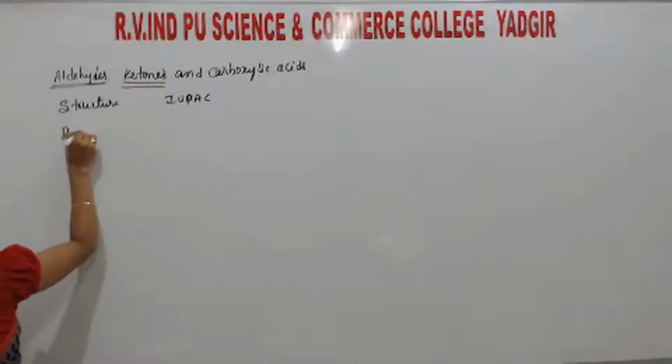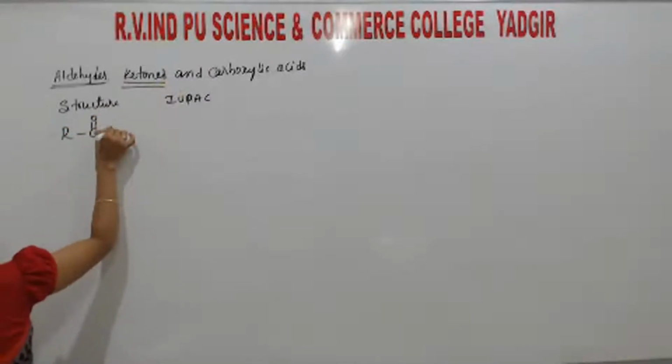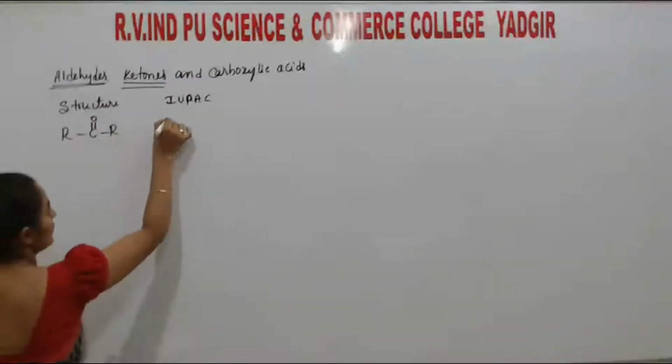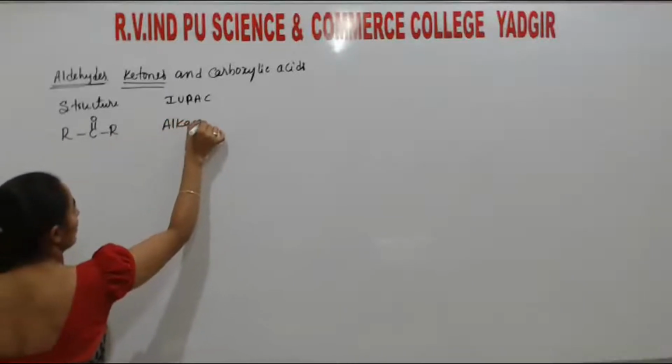Ketone means that is R C double bond O R. Okay, the name follows alkane.